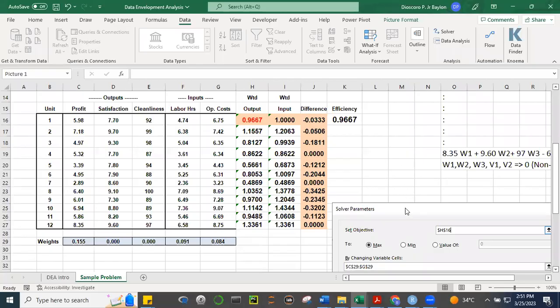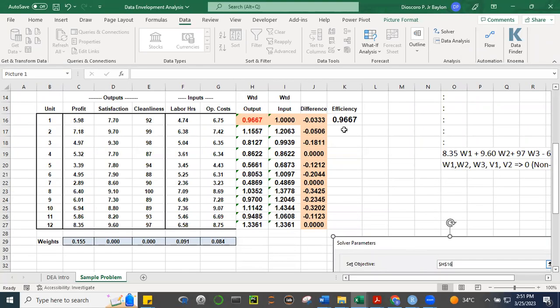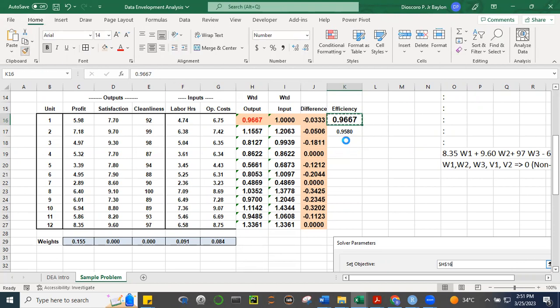May I know what's the efficiency of unit number 2? Could you dictate, please? 0.958. Okay. How about unit number 3? 0.8177.